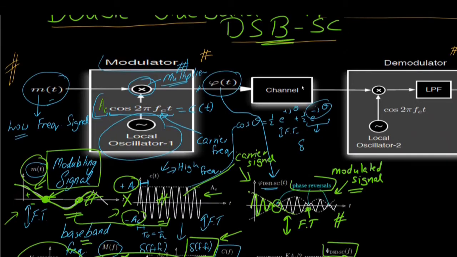Now mathematically speaking, phi of t is simply the message signal m of t times A_C cos 2 pi fc t. So this is the signal that we are transmitting.